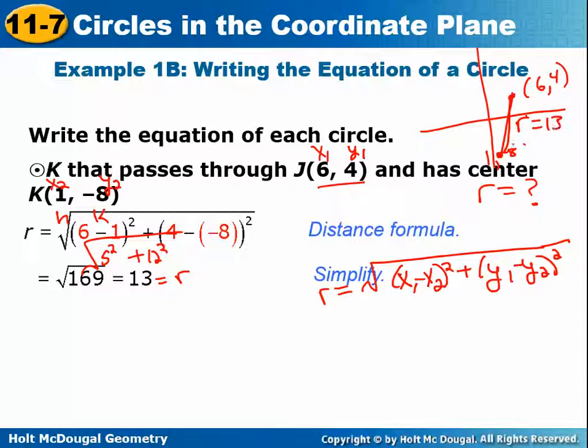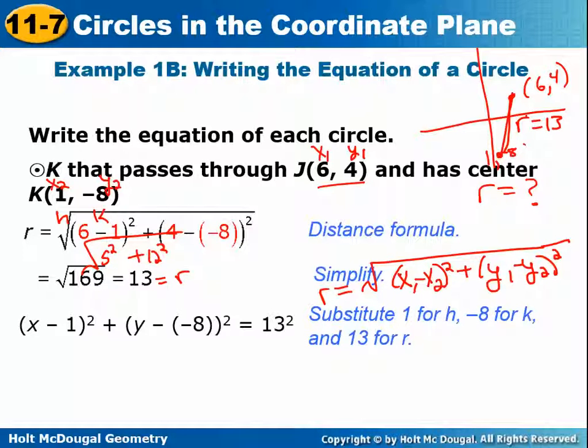Once you know what r is, you're ready to write the equation of the circle, which remember is (x minus h) squared plus (y minus k) squared equals r squared.